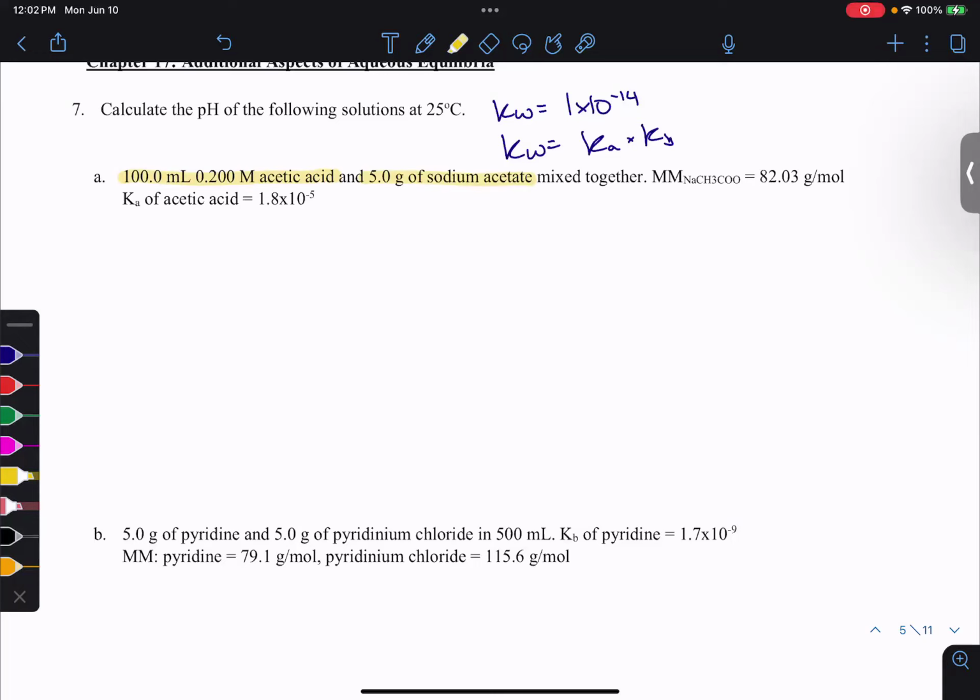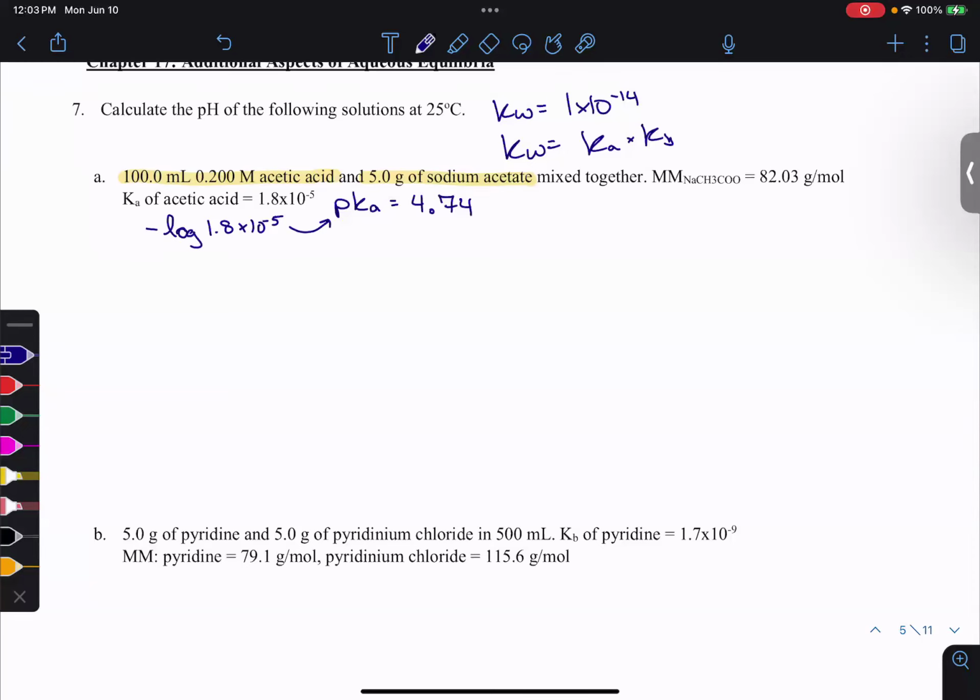I give you the molar mass of sodium acetate, and I give you the Ka of acetic acid. Hopefully you know by now the pKa of acetic acid is 4.74. But remember, to get that pKa, you just take the negative log of 1.8 times 10 to the negative 5.